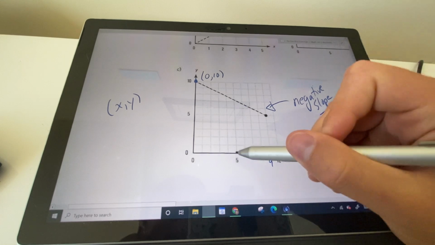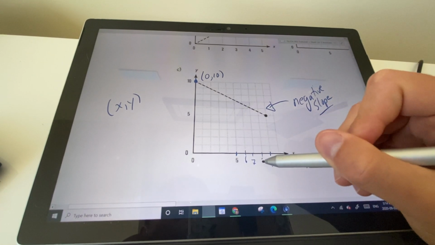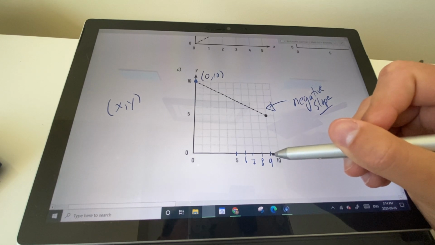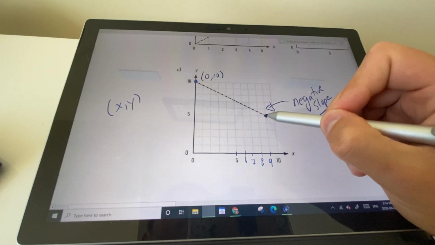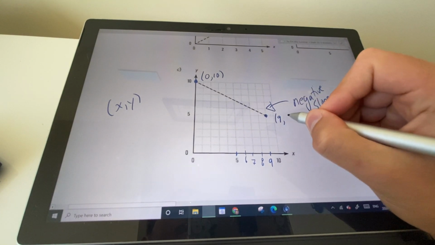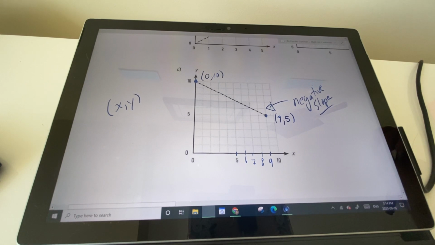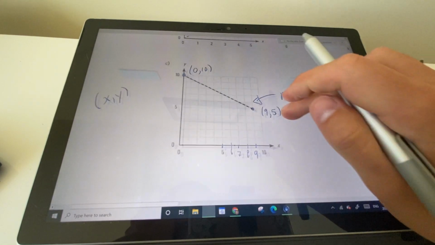This would be 9, right? If this is 5, this is 6, 7, 8, 9. So when our x value is 9, our y value is 5. So this coordinate point would be 9 and 5.